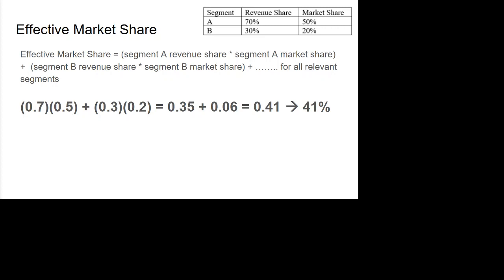It's kind of a good metric to have as a standalone metric, but it's also good because we can plug it into what we call a brand equity index. So brand equity index is basically a calculation of how strong your brand is in terms of a number of things, and one of them is this effective market share.